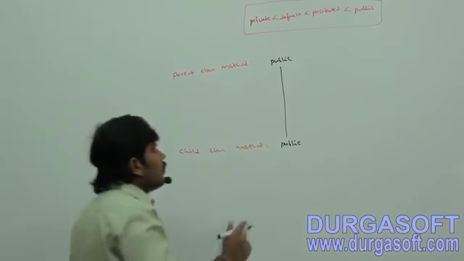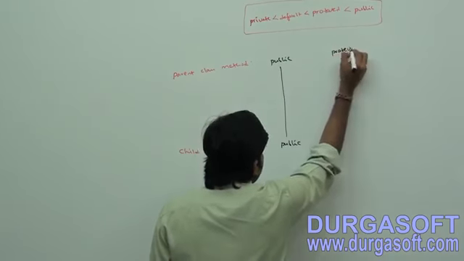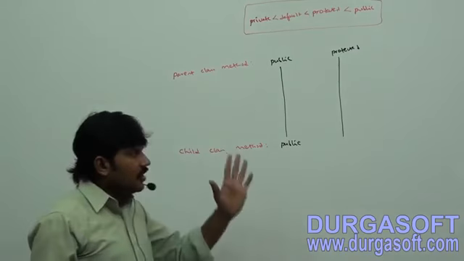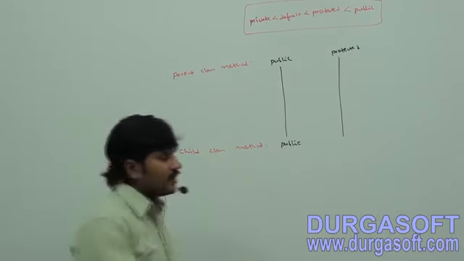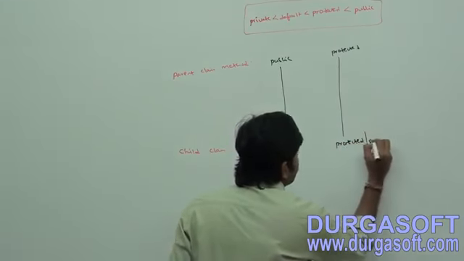If the parent class method is protected, the child class method should be either protected or public. If you want, you can take the same, or you can increase.